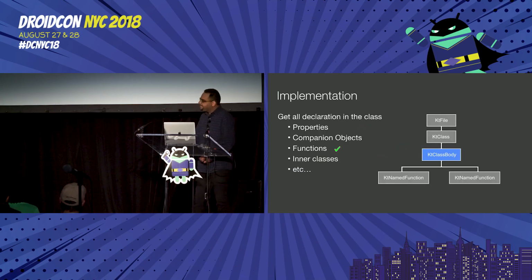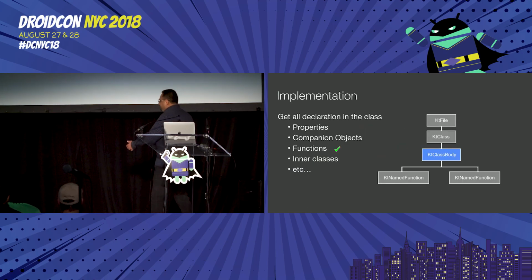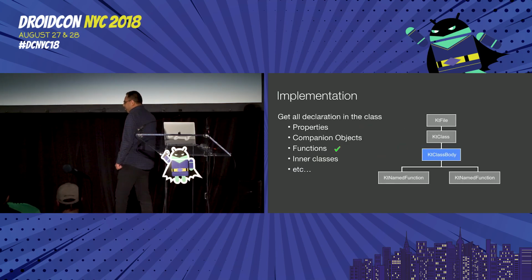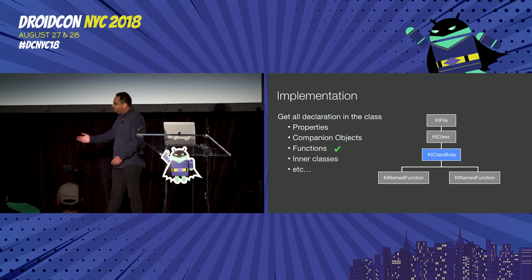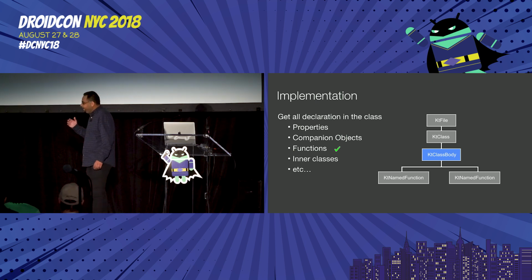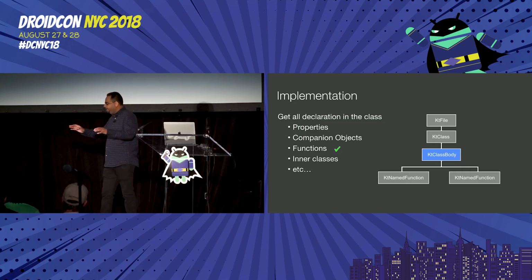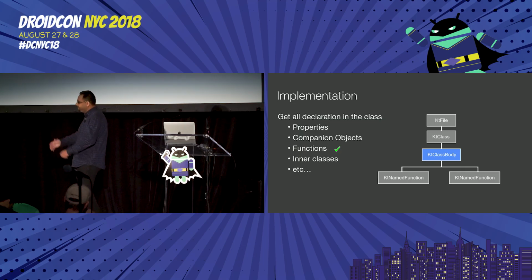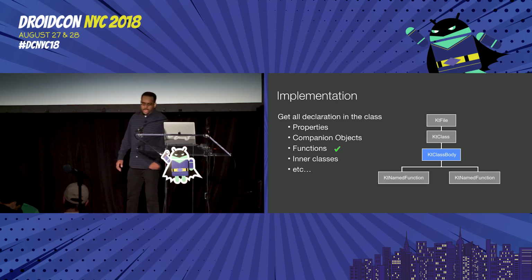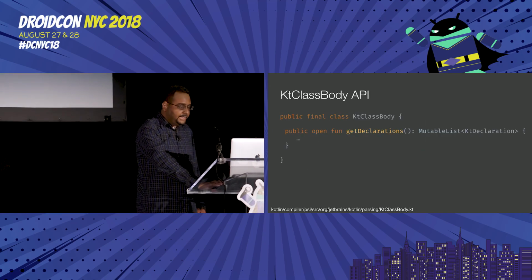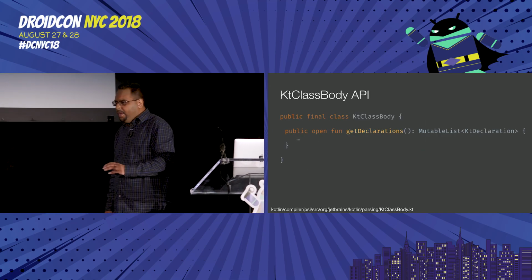The next thing that we need is to get all the declarations in your class. It could be anything. It could be properties, companion objects. So what I need to get are all the methods. I need to filter out all the other things and just get all the methods in your class. And I could do that by using the API KtClassBody. Now, I know what you're thinking.